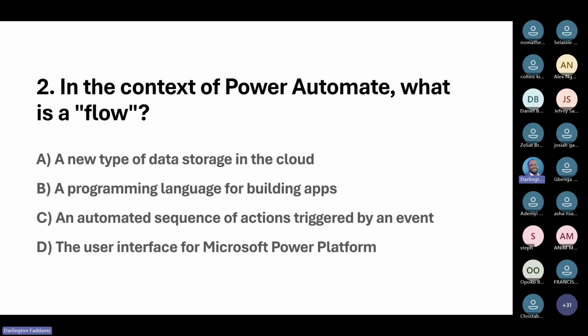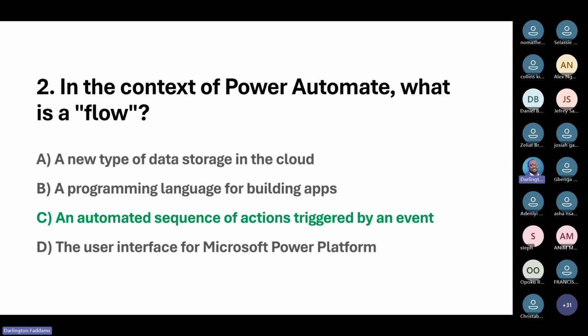What is it? B, is it a programming language for building apps? C says an automated sequence of actions triggered by an event. Or D says a UI of Microsoft Power Platform. And I can see almost everyone saying that it is an automated sequence of actions.